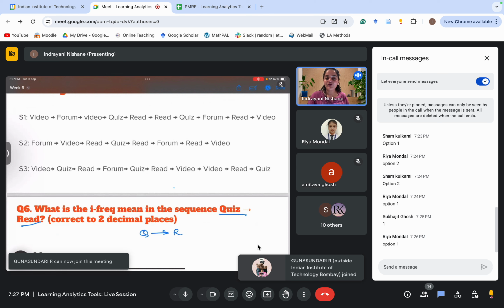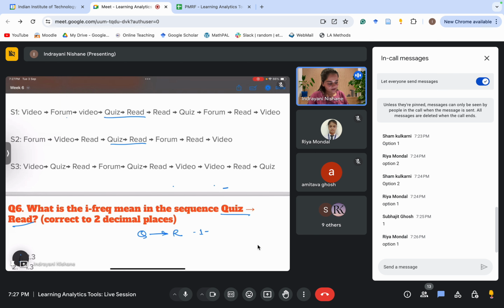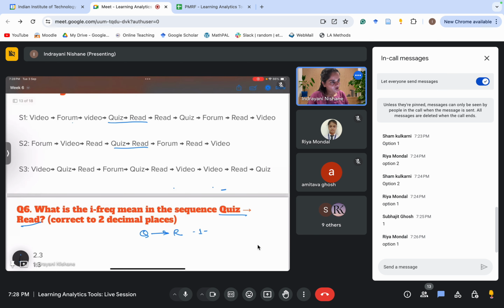Okay, so I'll change this here and we will write quiz to read, and we will count this transition for every student. For S1, I'm not reading out the action sequence aloud, but we will try to identify where this quiz to read transition is happening. Quiz to read, quiz forum, no, so it has occurred once for S1. Then quiz to read has occurred once for S2.